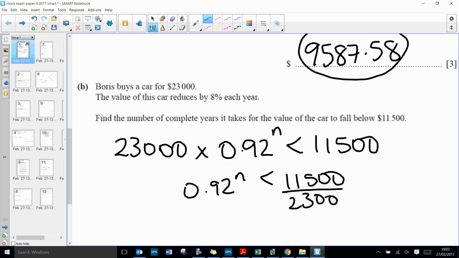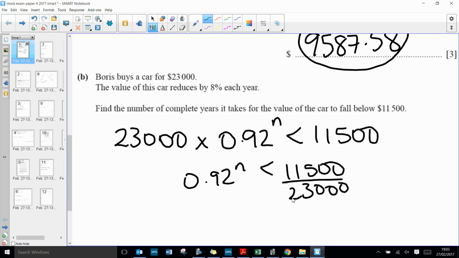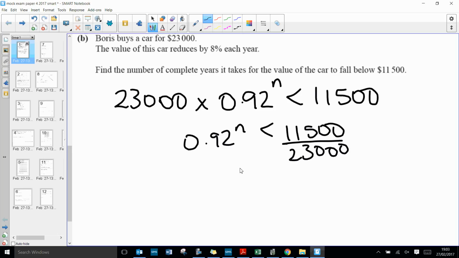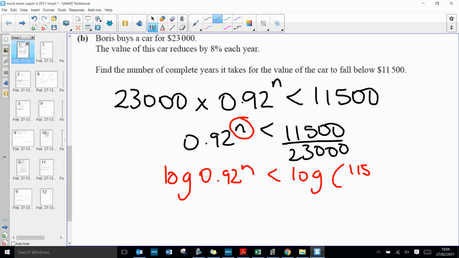Just rearranging as a normal equation. Now, when our unknown is one of the powers, if you recall, we can take logs of both sides. And then the n comes in front.